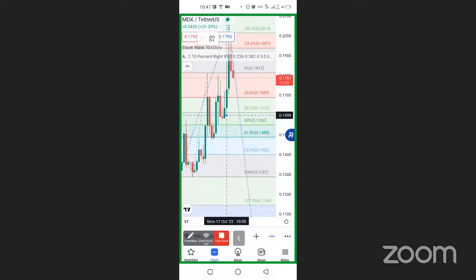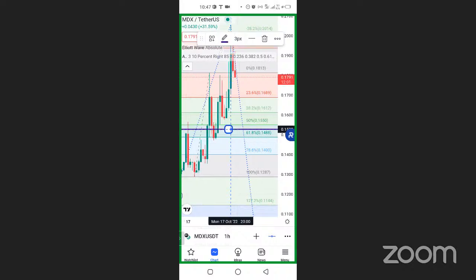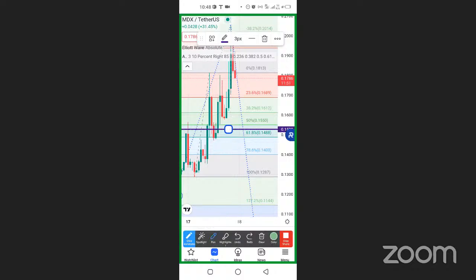Meaning between the 50 and the 61, which is around here, the market will move from up there, unless there's a market manipulation touch that comes in between. It can stop you on 50. Yes, it can stop you on 50. It can even stop here on 61.